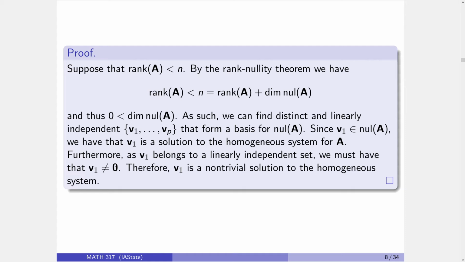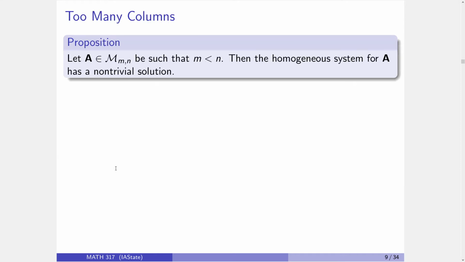If the rank is less than n, even if it's n minus 1, then there is more than one answer to the homogeneous system.